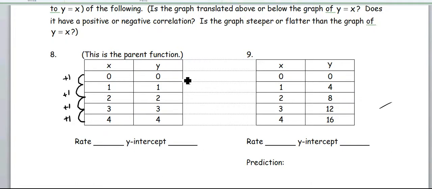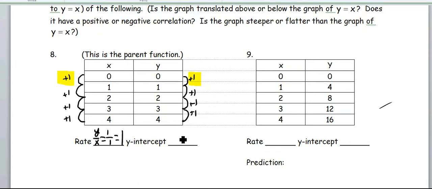And then I come over here and I can see 0 to 1 is plus 1, 1 to 2 is plus 1, 2 to 3 is plus 1, 3 to 4 is plus 1. Now to find my rate, I'm going to make a fraction in the form of y over x. And in this case, it equals 1 over 1, which is 1.